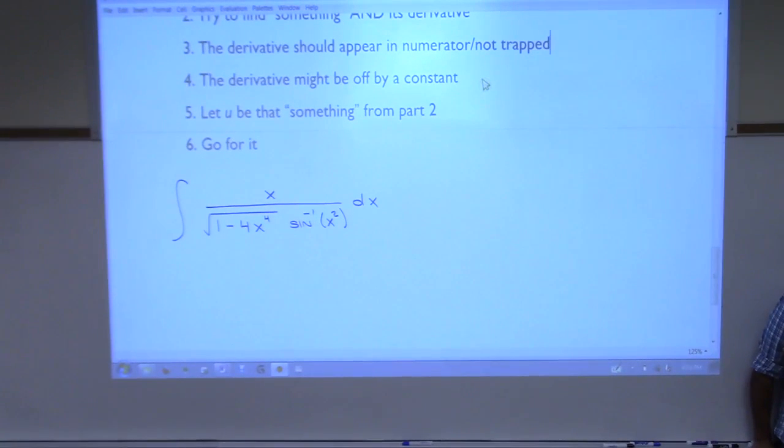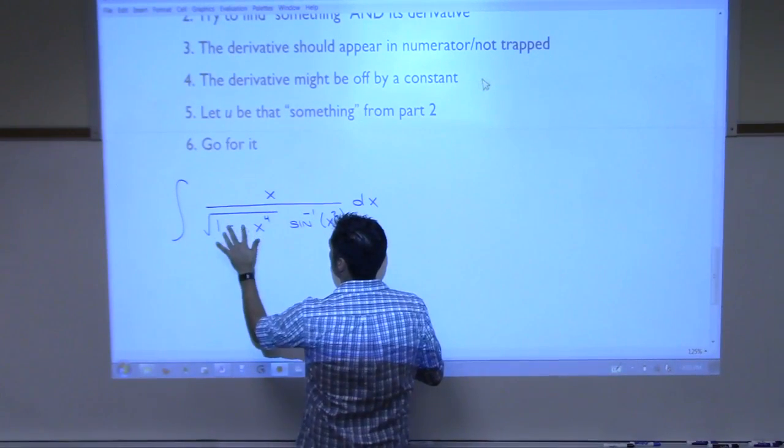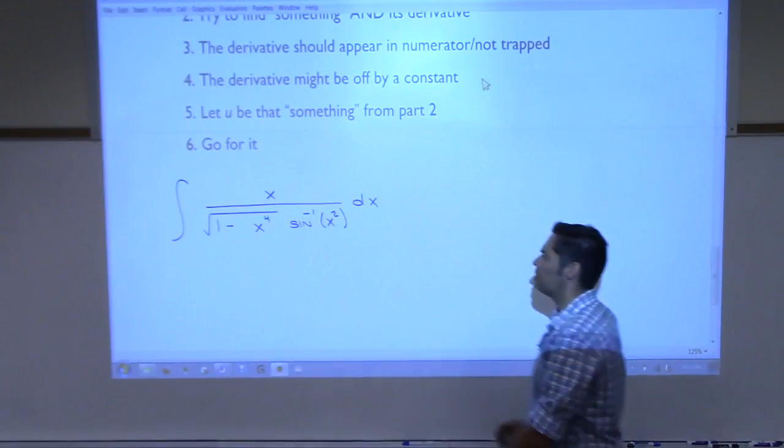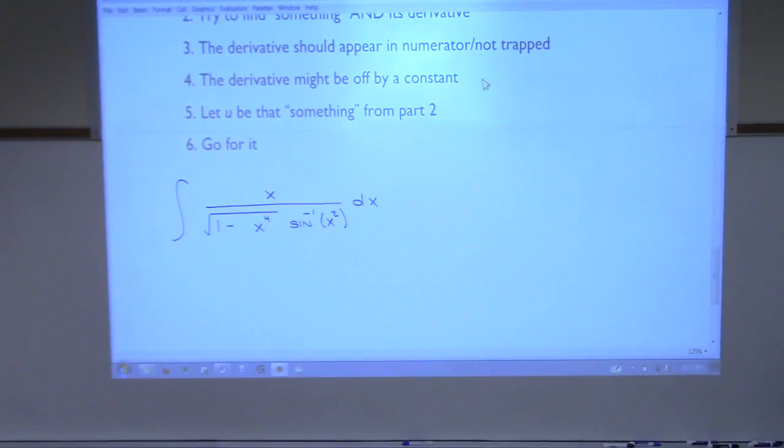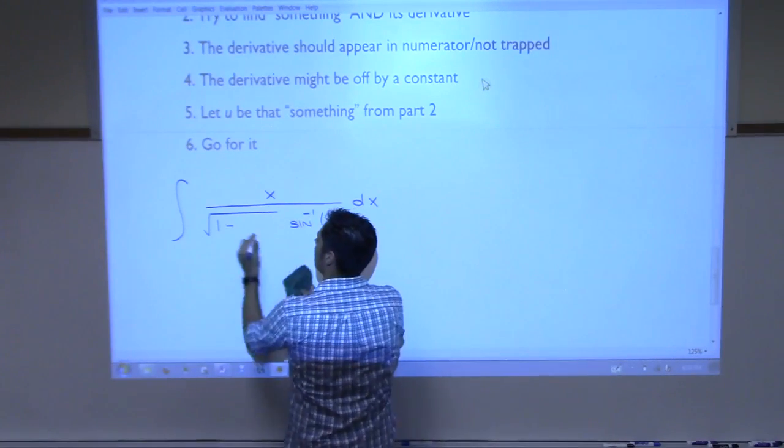So, Albino? Hold on. This will make it a little bit easier. Take that out of there. Maybe that helps. Take the 4 out of there just so you don't have to worry about the 4. Kind of slide that over.